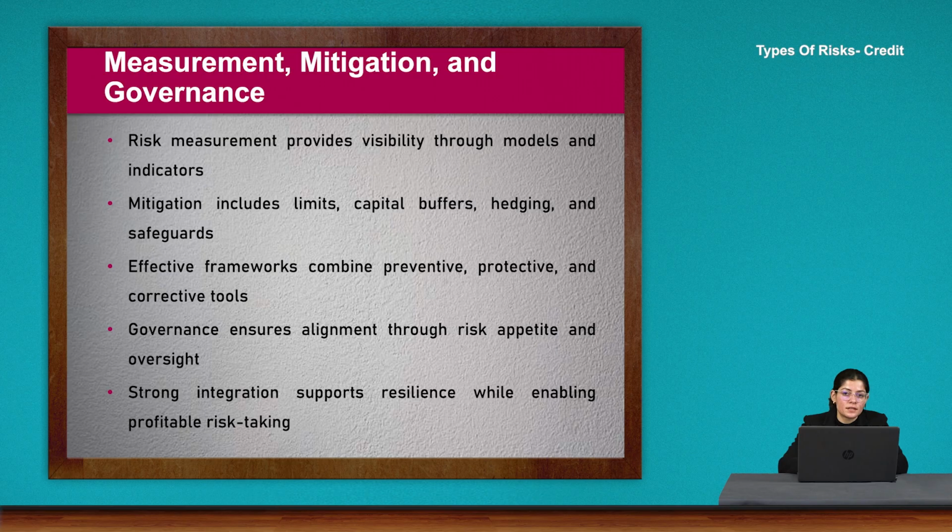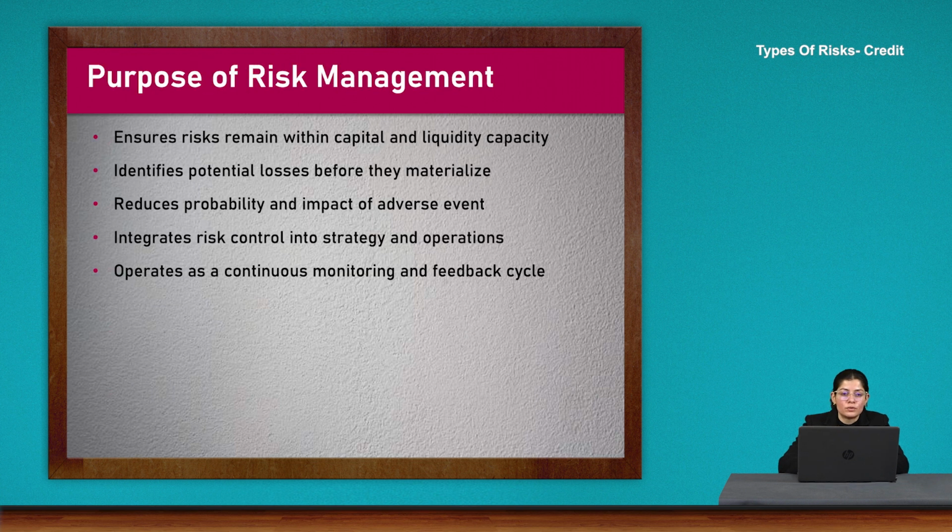Rather, it is the systematic discipline of anticipating, measuring, controlling, and responding to events that may undermine capital, earnings or reputation. Sound risk management safeguards solvency and depositor confidence by allowing banks to engage in profitable business opportunities. It converts uncertainty into a structured input for managerial decision making instead of allowing it to become a destabilizing force. Now let's move to another slide.